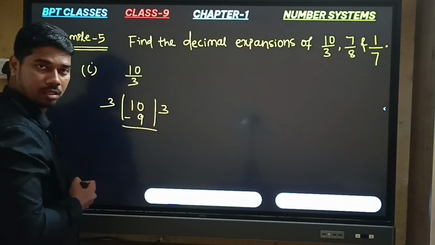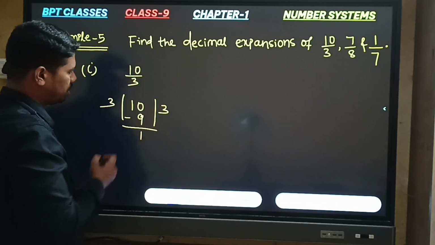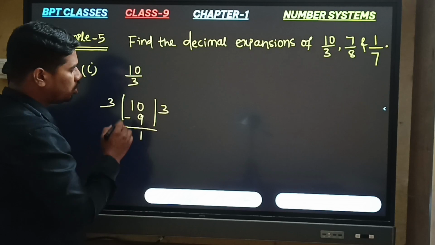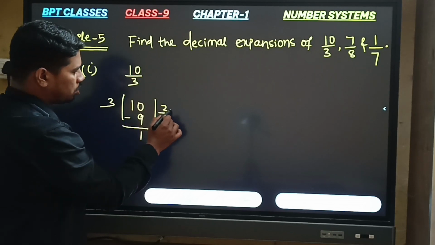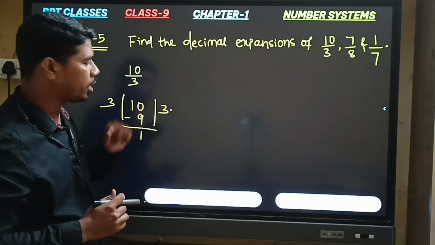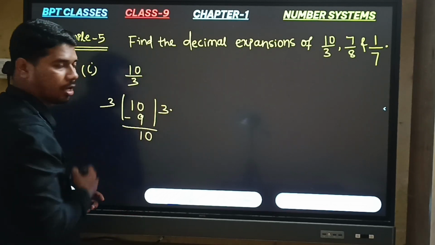Then subtract: 10 minus 9 equals 1. If 1 is the number, here is 3, we cannot divide directly, so we must put the decimal point. If we put the decimal point here, then 0 should be written here.